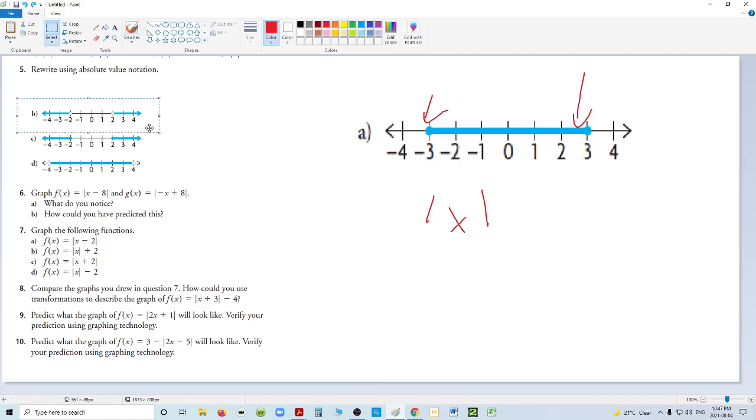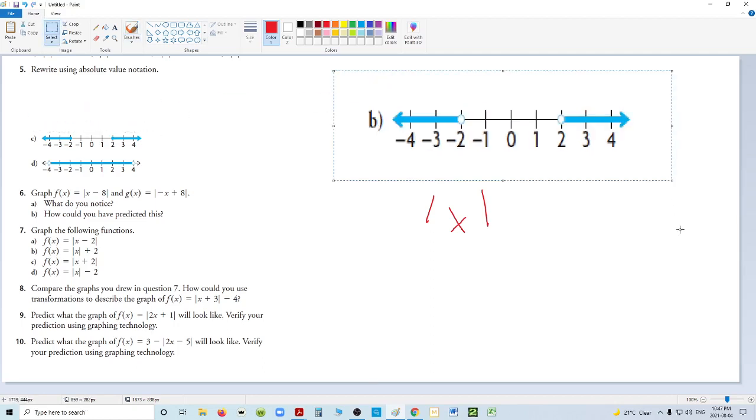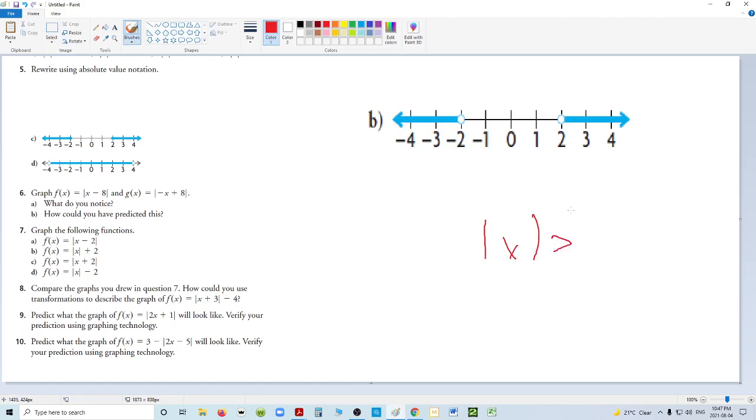You can see that this one, the range is outside of -2 and 2. So that means absolute value of x is bigger, and they don't include the 2. That's what that empty circle means. Bigger than 2. You'll find that whatever I put in here, if I put a 0 in here, is not true. It will match this drawing here. So absolute value of x is bigger than 2.